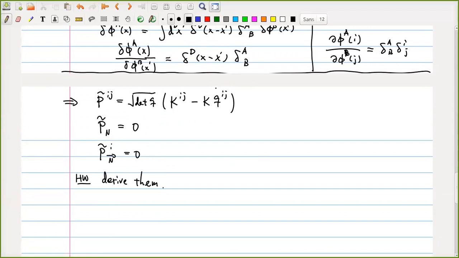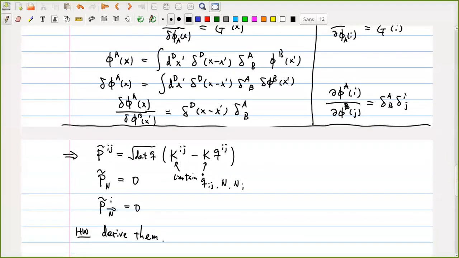So here this Kij relates to p twiddle ij and q, and this K contains Kij, and contains q dot ij and n and ni, and other quantities.